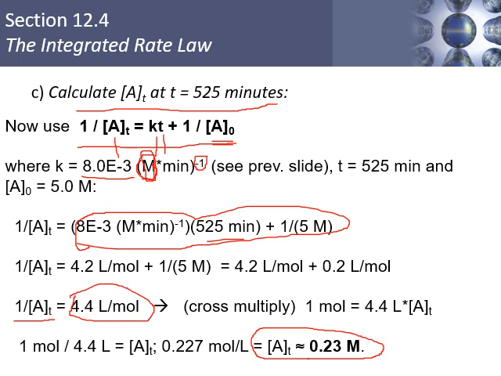So for zero order, because everything kind of goes away and vanishes because you wind up with rate equals k times 1, you don't have any units at all. You could see this better if I could write it out, but for zero order, it's rate equals k times A to the 0 power, which reduces to rate equals k.